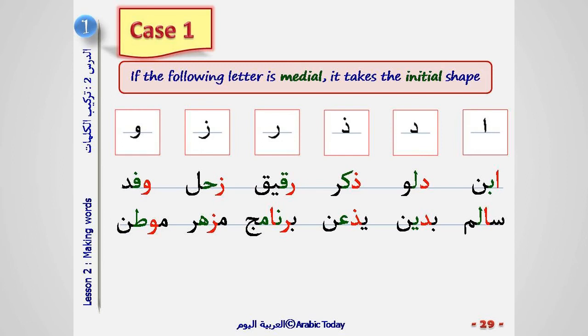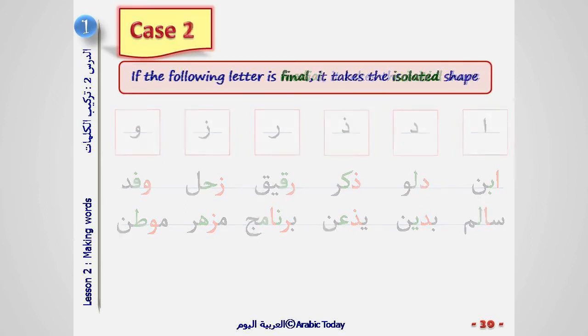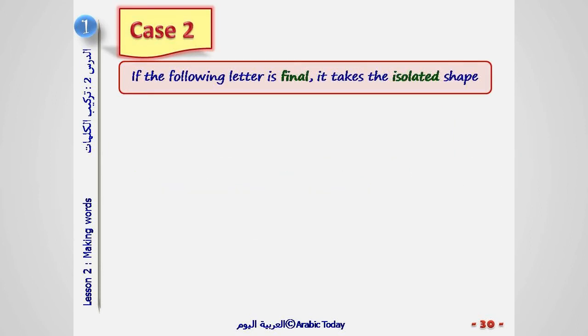In these examples, I show the disjoint letter in red and the following letter in green. Case 2. If the following letter is final, it takes the isolated shape.